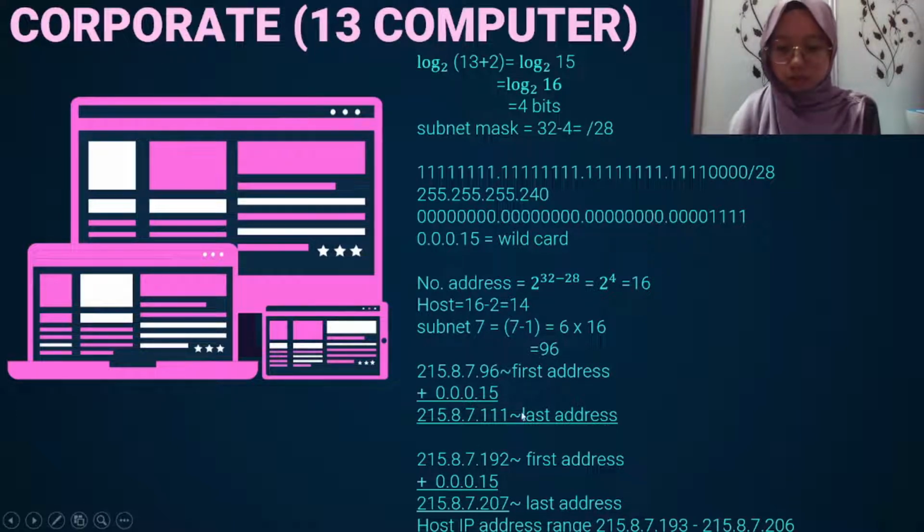So this is the last address, but we do not use this. We use this because if we use this, we will get overlapping. So we just continue. We find this 192.